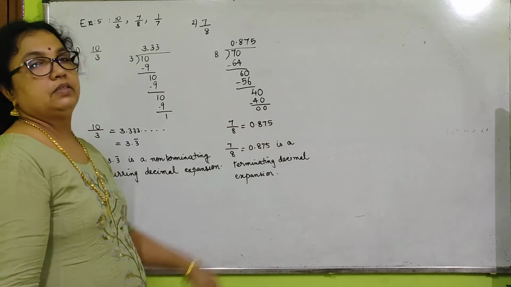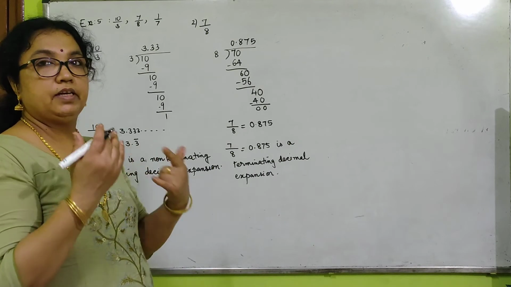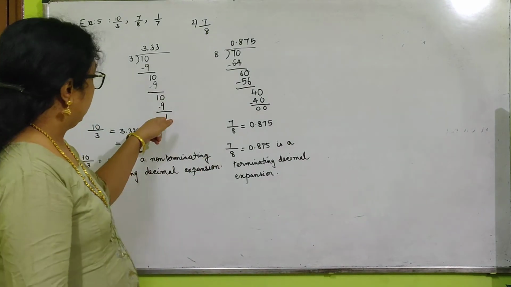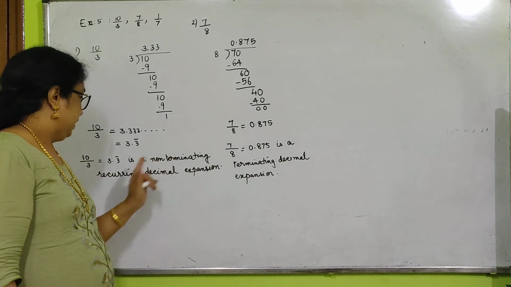Here the remainder became 0, so it is terminating, the division is finished. In the previous one, the 1 was repeating and going on only, that's why we wrote non-terminating recurring.